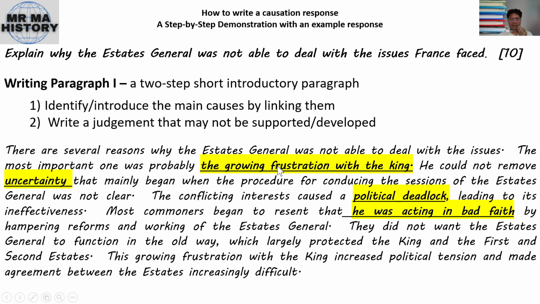For example, the growing frustration with the king, he could not remove uncertainty, mainly began when the procedure for conducting the sessions of the States General was not clear. That caused the political deadlock, and when there was political deadlock, most commoners began to resent that the king was acting in bad faith. So all these reasons are connected to each other. This is how you are going to write your introduction.